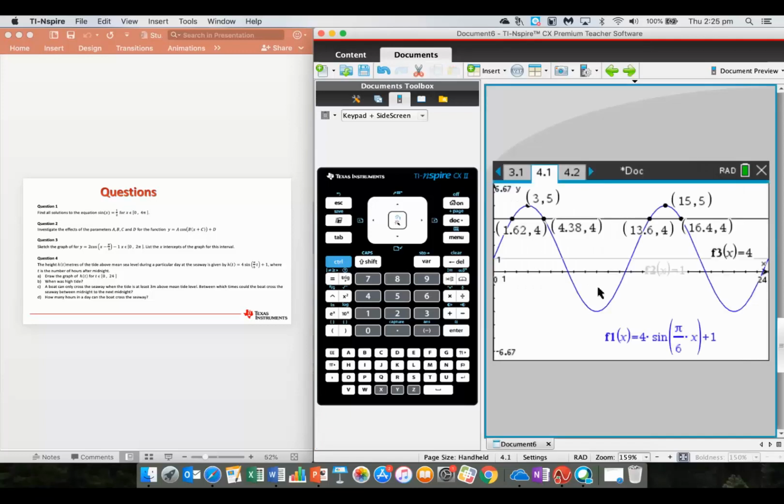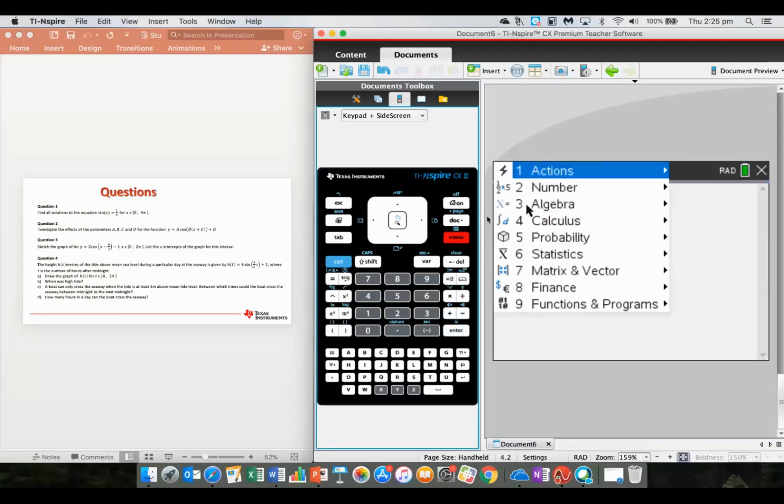So of my graphs that I have here, f1 is the graph showing me the height of the tide, f3, which is 4. So really I need to solve for when the function f1 is equal to 4. So let's do a numerical solve for that.